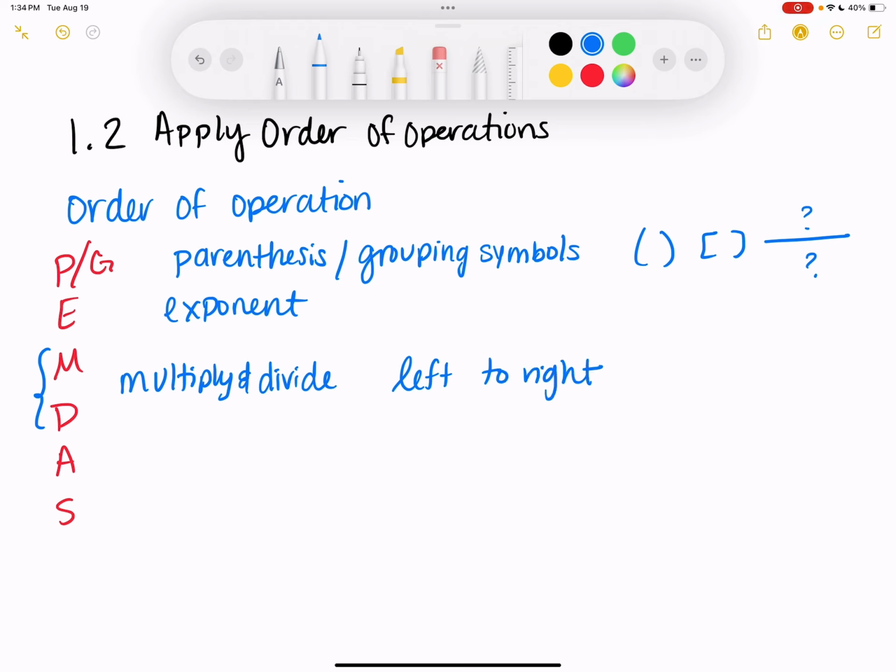So in whatever order you hit them in the problem, that's the order that you do them. And then same thing for addition and subtraction. These work at the same time. These are also left to right. Does this sound familiar? Heard this before? Okay, good.